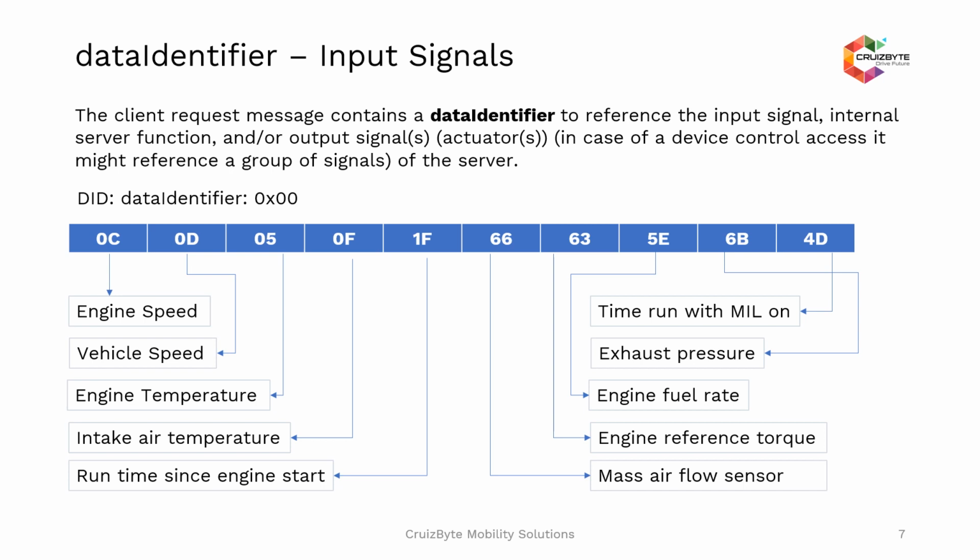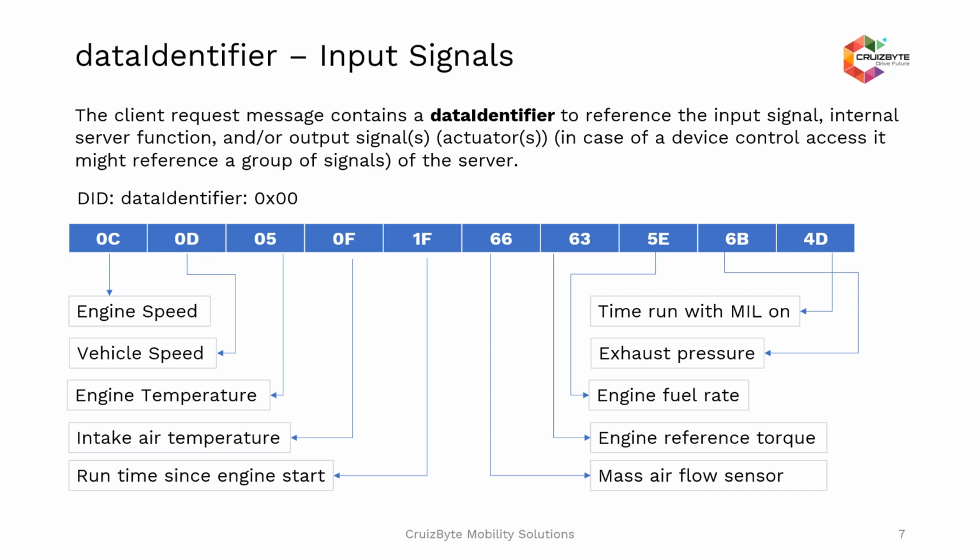So a data identifier is nothing but an array of signals packed into a data packet with a unique data identifier value. For example, you can view this as a one-dimensional array with n number of elements in it.